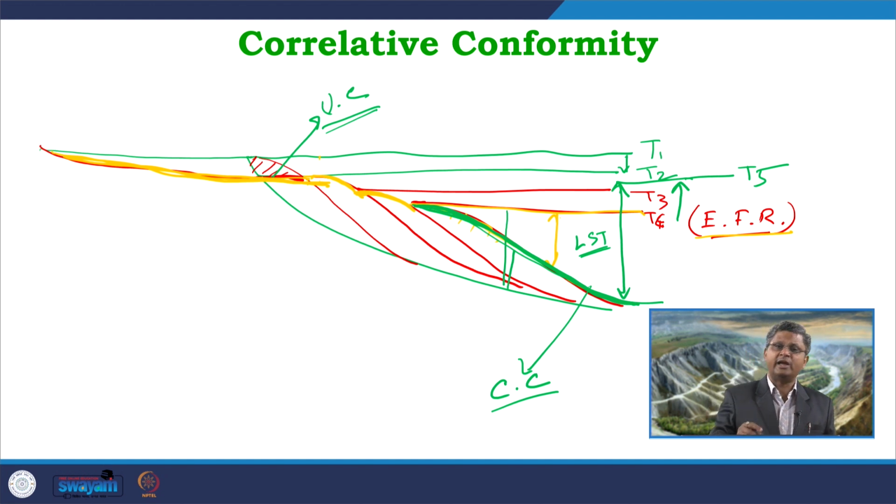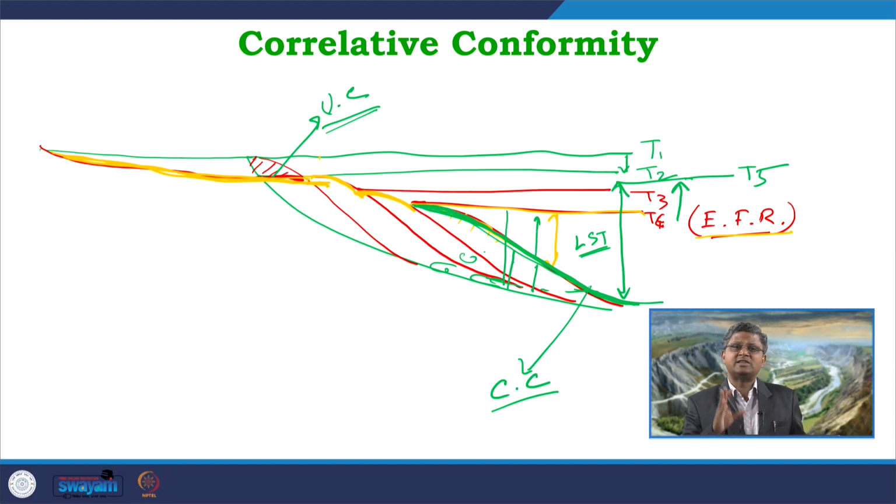So, definitely we will get several types of facies distribution within these areas, but there will be a conformable succession below this surface as well as above this surface, because there is no gap in sedimentation, there is no erosion going on over here.